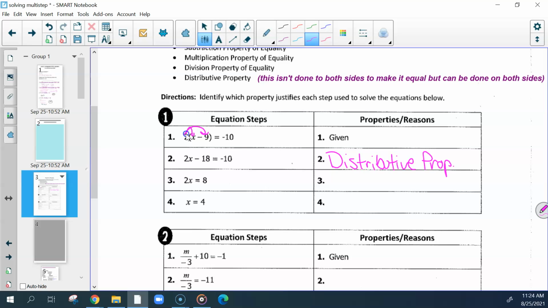From step 2 to step 3, what did they do? Added what? Negative. They added 18 to both sides.